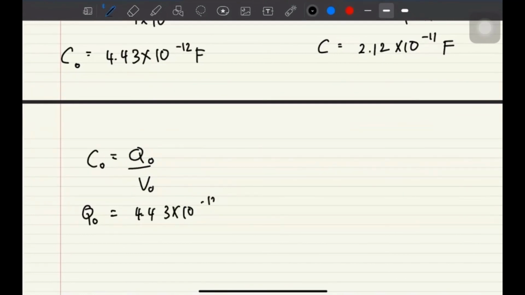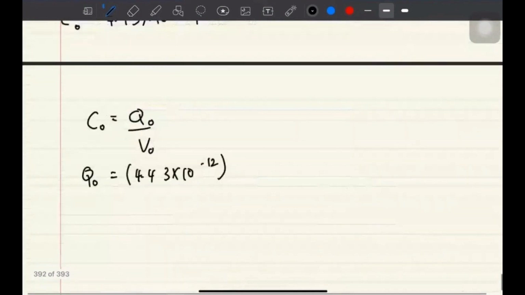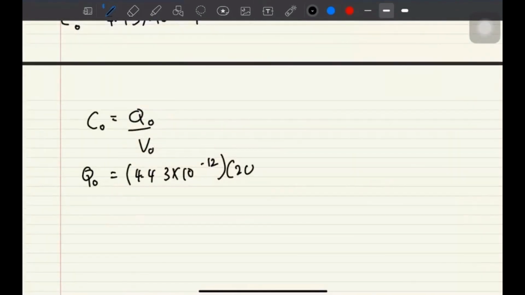V naught is given tadi, 200. So I get here is 8.86 times 10 negative 10 coulomb.